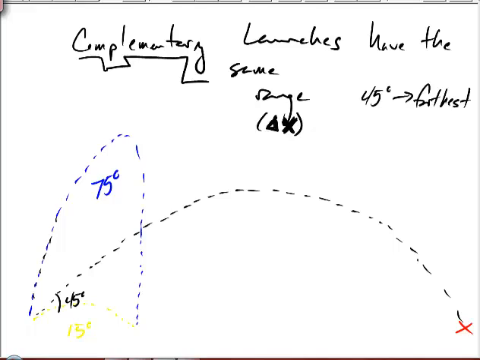What do you notice about the 15 degrees? Well, it doesn't go as high, but it actually lands in the same spot as the 75. Right. So just like 45 and 45, 75 and 15 have the same range, the same delta x.